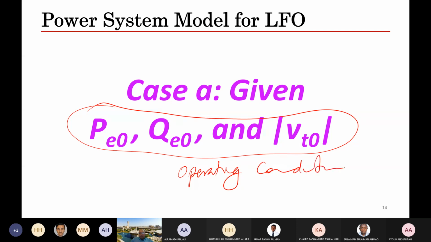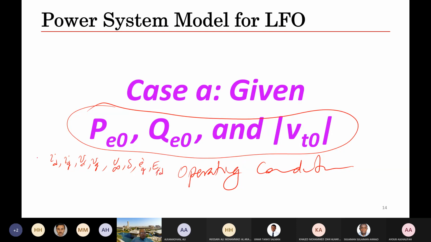Based on these given values, what we need to find are ID, IQ, VD, VQ, V infinity, and delta, and also EQ prime and EFD.